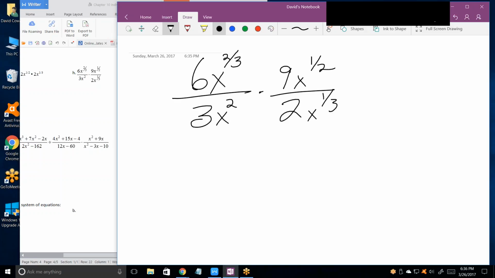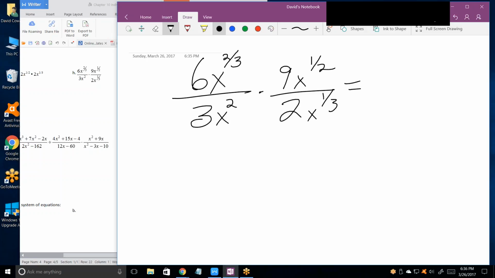All right. I don't really need this dot. I know that everything in the numerator is being multiplied together, everything in the denominator is being multiplied together. However, the way I want to attack this problem is I want to do all the numbers first and then all the variable x second.